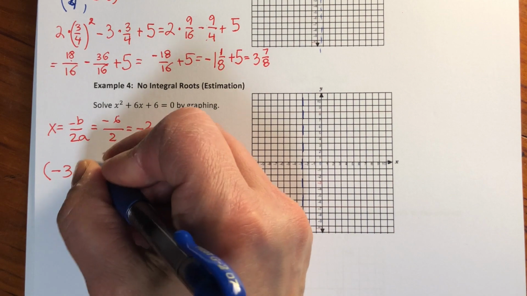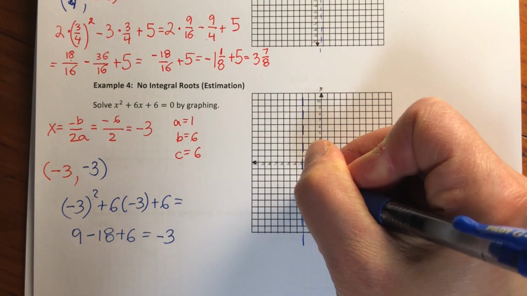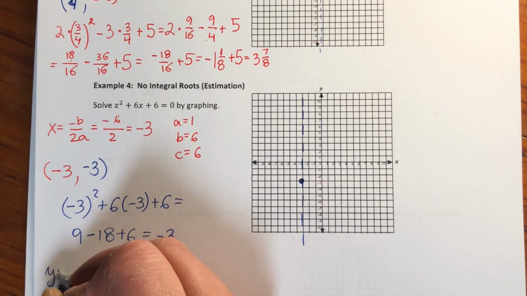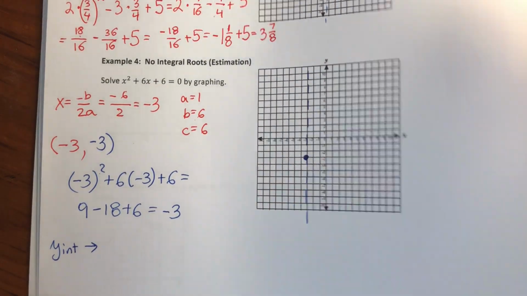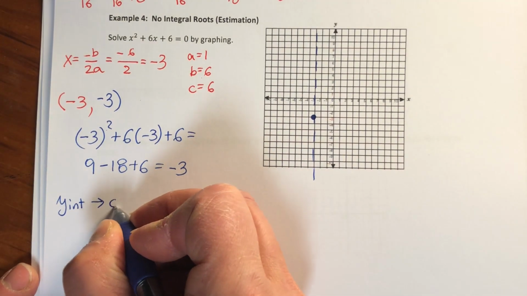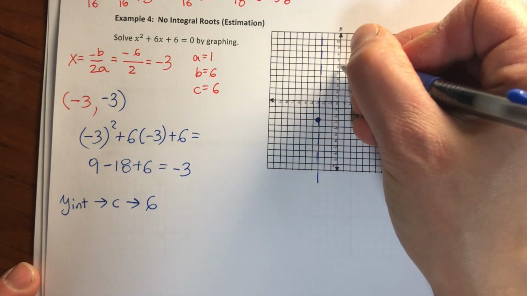So look at this. My vertex is at negative 3 and negative 3, so it's right here. Now let's look at the y-intercept, because that's always easy to find. I hope you remember by now that the y-intercept is whatever the c is, and that is equal to 6. It always needs to make sense.